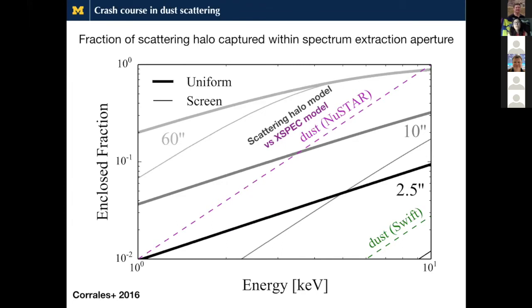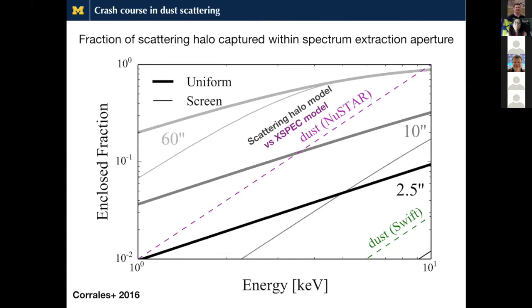And I chose a 60 arcsecond aperture for something like NuSTAR or other very low resolution telescopes. And you can see that you capture on the order of 20% of the scattering halo or more, so that the effect is much less important. Although there are people, Kristin Madsen, for instance, who have seen the effects of dust scattering on NuSTAR.